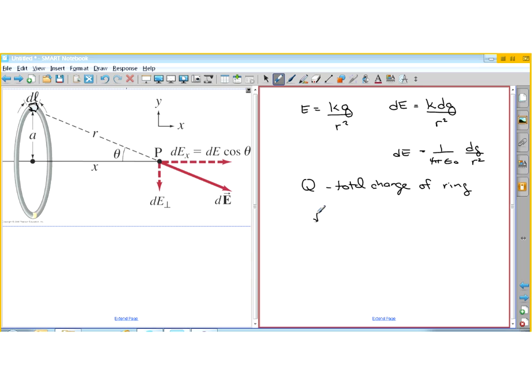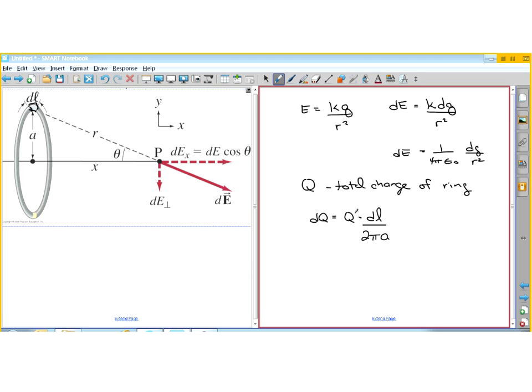The amount on that little element is going to be the total amount times the length of this little element, this dl, the arc length, divided by the total length. The total length is 2 pi times the radius of the ring, which is a.